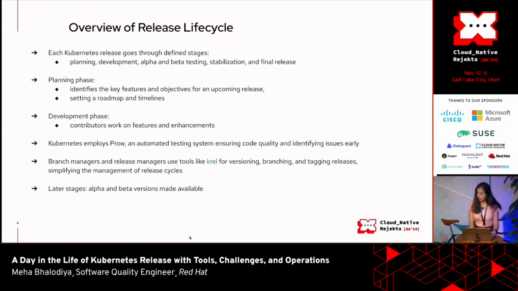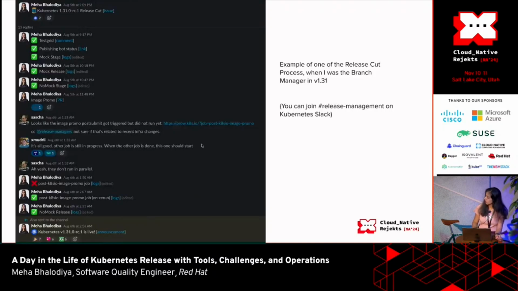Kubernetes employs the Prow tool, which is an automated testing system, which we will talk about in later slides. And the main role is for branch managers, who are responsible for doing the release cuts according to the timelines. Let's go to the next step.